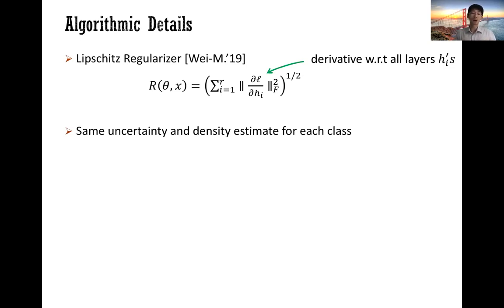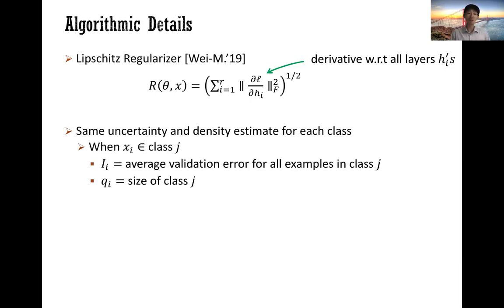And also we have to estimate uncertainty and density of each of the examples. What we do is that we group the examples together so that we only estimate one uncertainty and density for each group. And the group is just defined by the classes. So basically, for each class, we're going to use one number for uncertainty and one number for density. If xi is in the class J, then the uncertainty will be the average validation error for all examples in J. There's a precise definition of uncertainty in our paper, which is the feature information of the example.